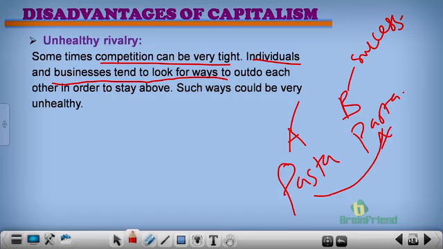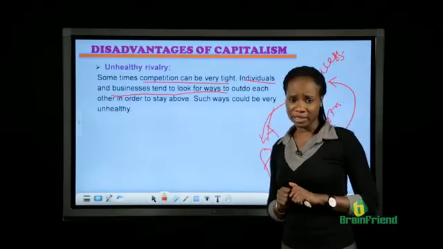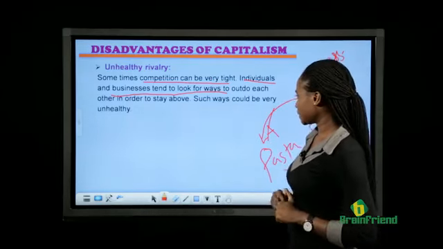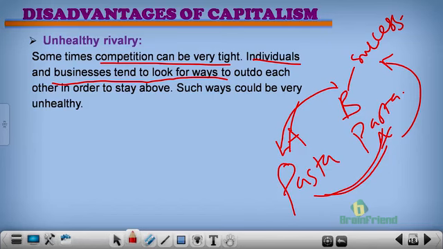They tell some false stories about it, and people believe. And in no time, the demand for that product drops. So you can see that that is an unhealthy rivalry that has gone on between these producers or owners of businesses. So this is one other disadvantage that is seen in the capitalist system.